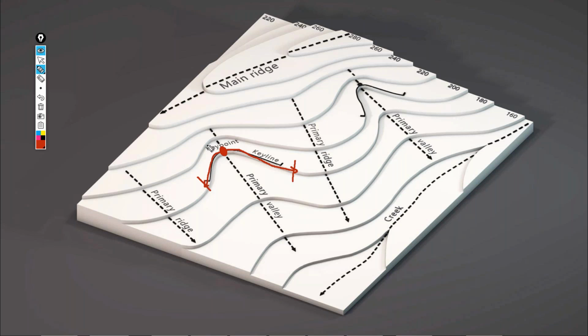So a key line always belongs to the domain of a valley and never extends beyond it. Similarly, in saddles, the same thing happens. It's just in a saddle type of formation.